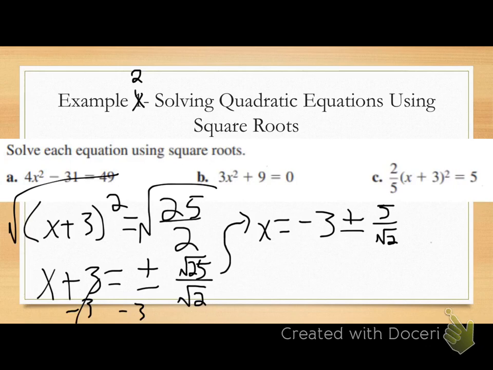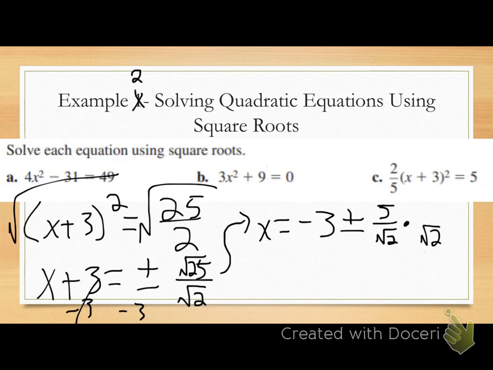So I've got to multiply by a special form of 1, so that I keep this equivalent. What I'm going to do is multiply the bottom by the square root of 2. What would I have to multiply the top by?